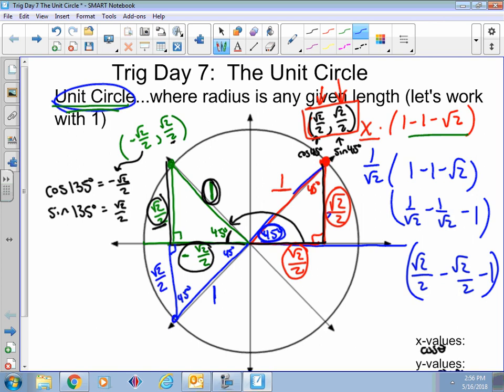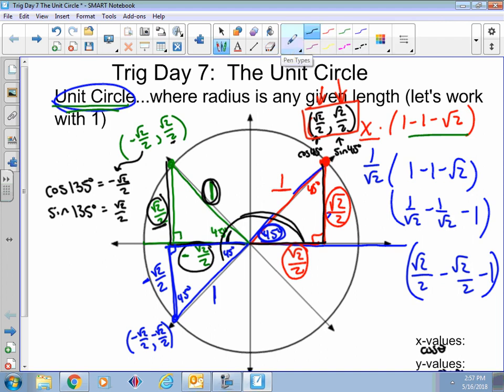Wait, how do I get to this point? I have to go left, root 2 over 2, and down, root 2 over 2. So I'm thinking about both of those being negative. So that coordinate would be negative root 2 over 2, comma, negative root 2 over 2. So when I ask you for, let's erase that, we're changing the angle.